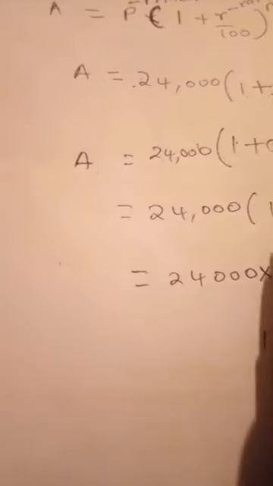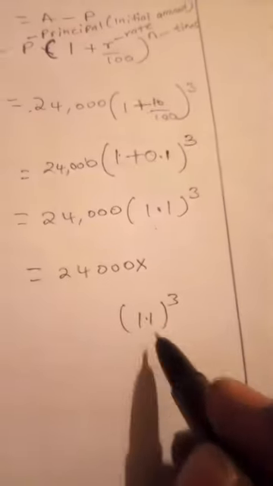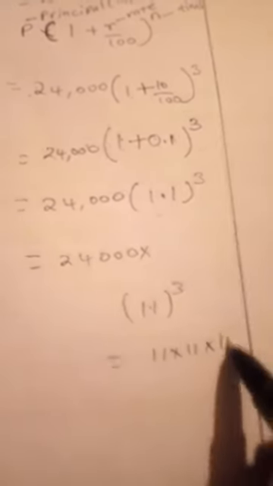We can just remove the decimal places, then return them back later. 1.1 to the power of 3 can be done as 11 times 11 times 11.